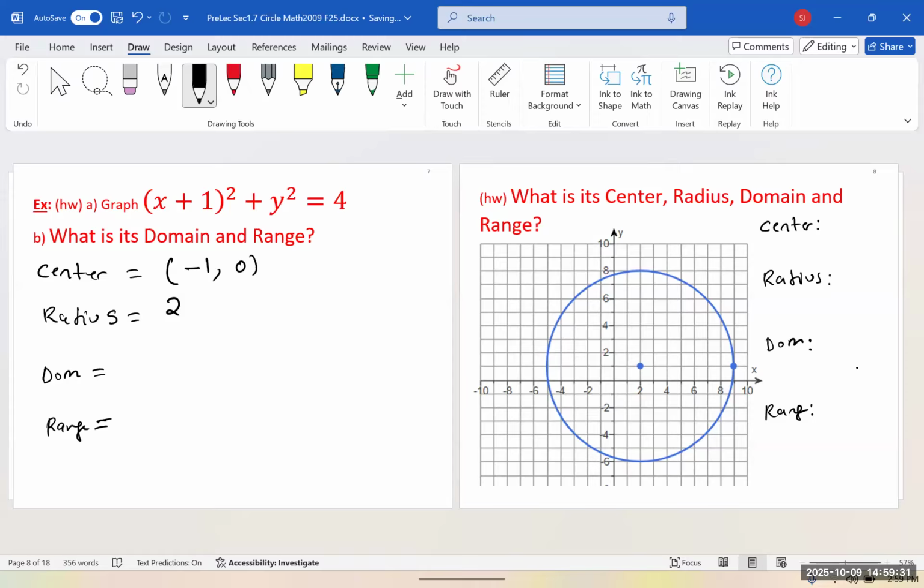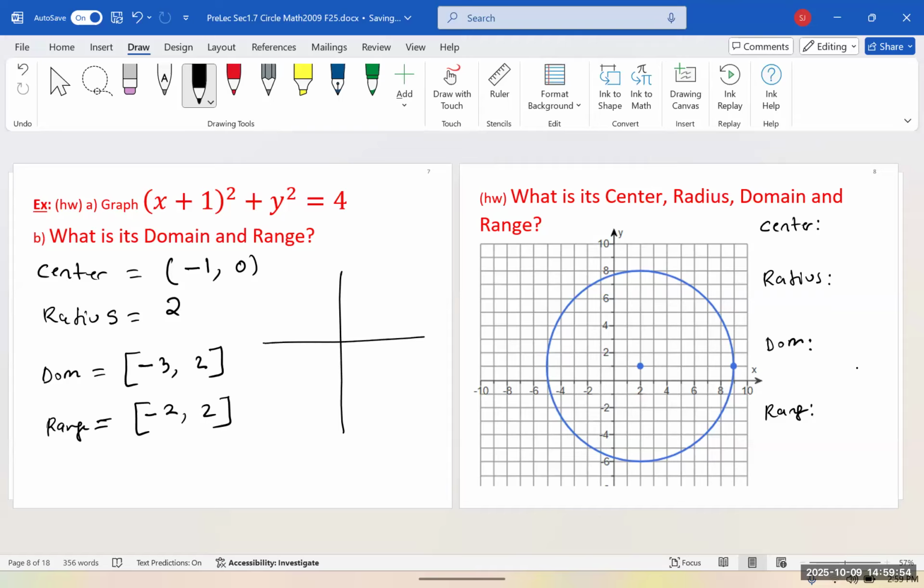What's the domain? -3 to 2. And what's the boundary? Parentheses or bracket? Bracket. And how about the range? -2 to 2, bracket.